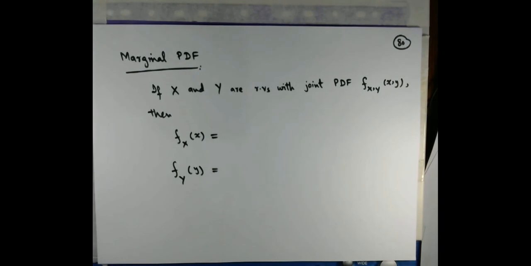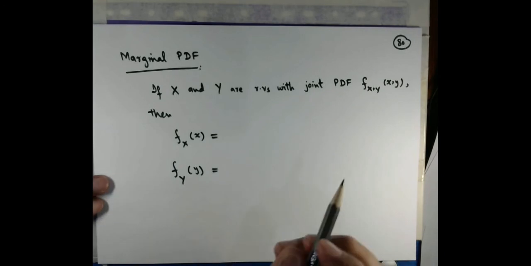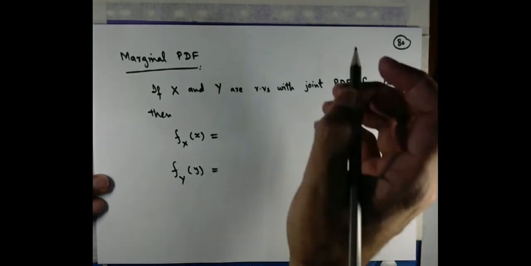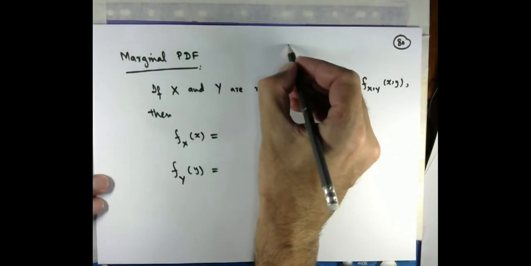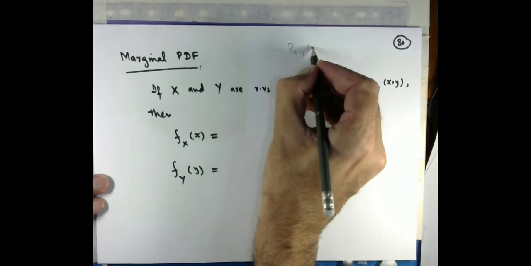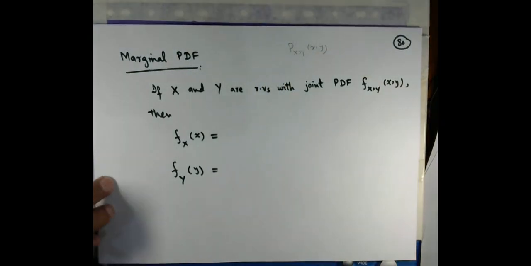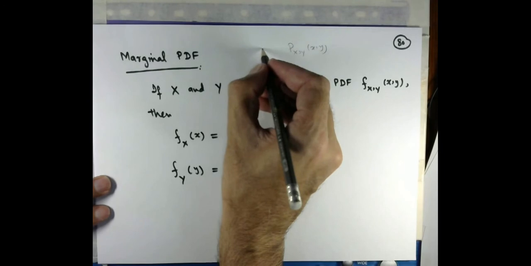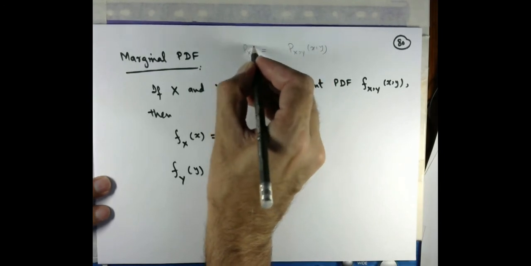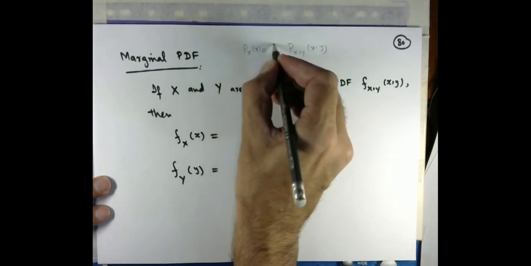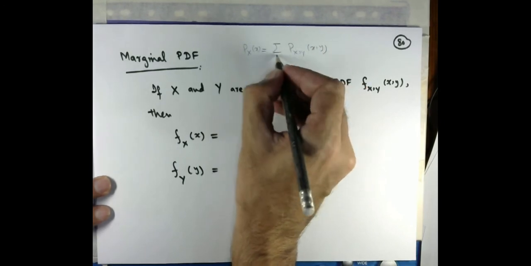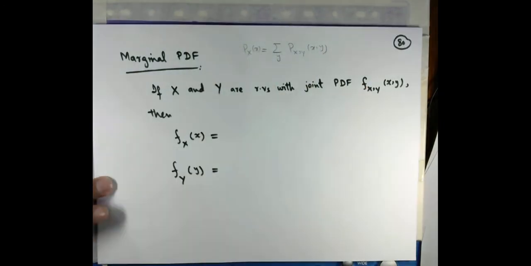If you recall, I told you that if you have a joint PMF of x comma y, you can obtain the distribution of x by simply summing the joint distribution over the variable missing here.